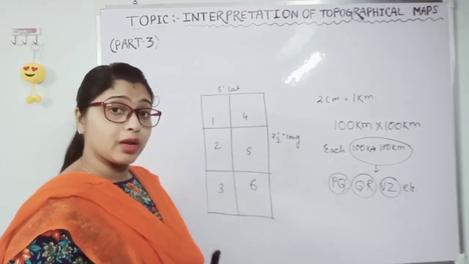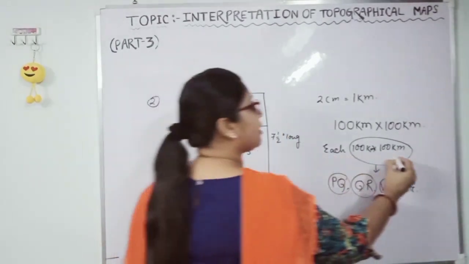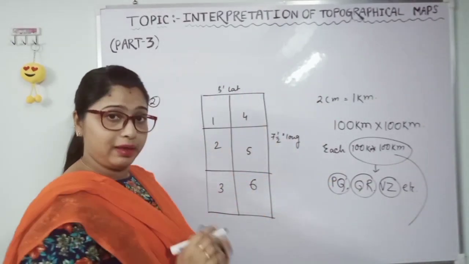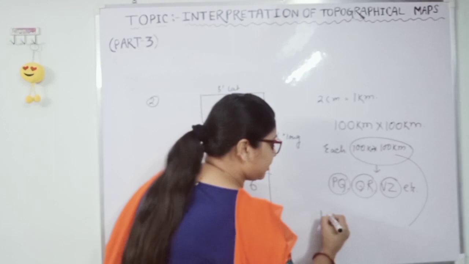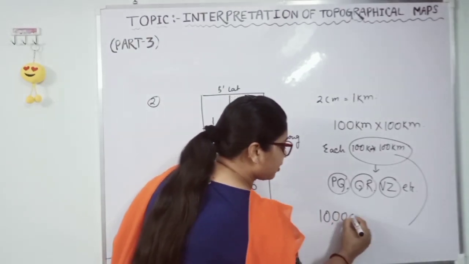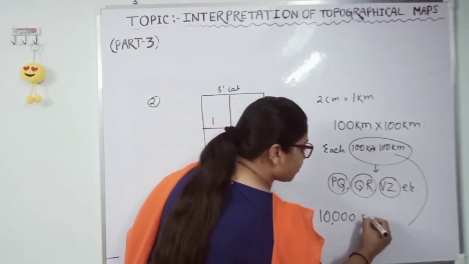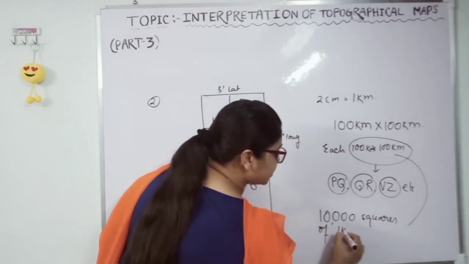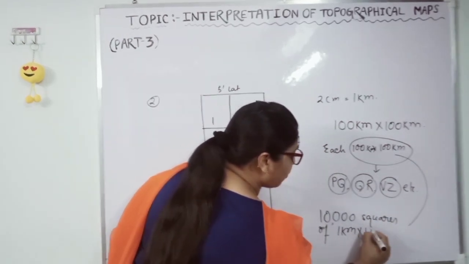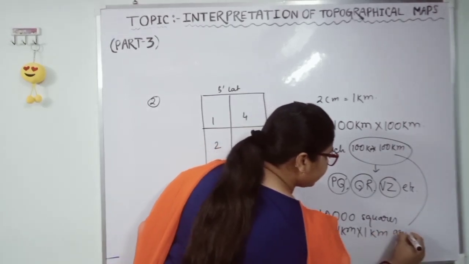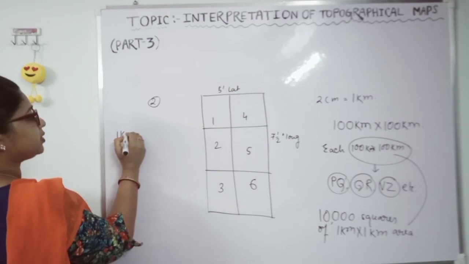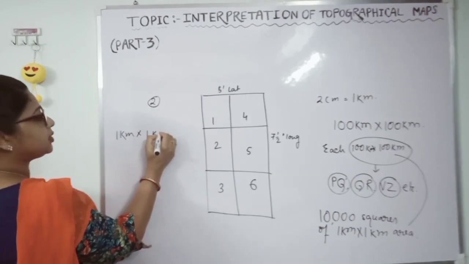Okay. Now any of these 100 by 100 kilometer areas has again been divided into 10,000 squares of 1 kilometer by 1 kilometer. Here I have said 1 kilometer multiplied by 1 kilometer.